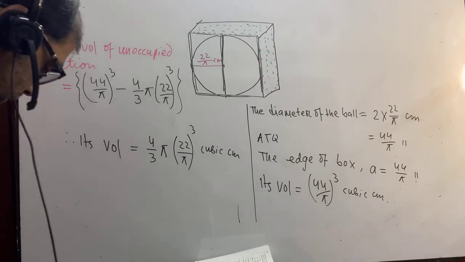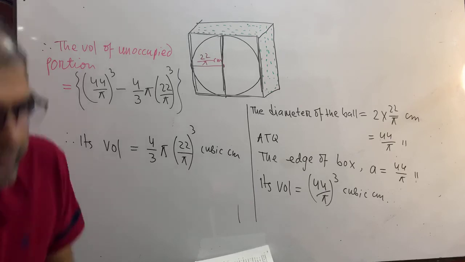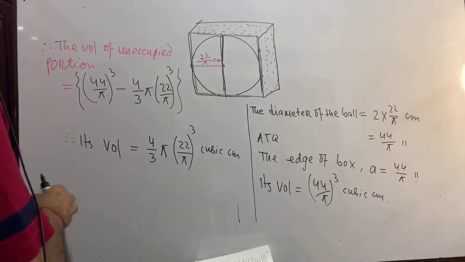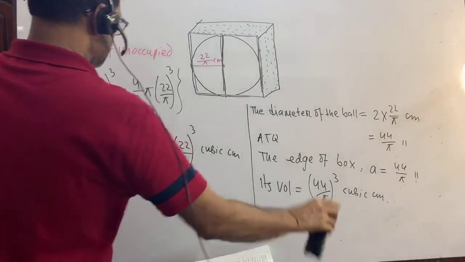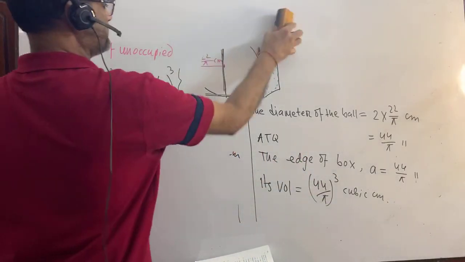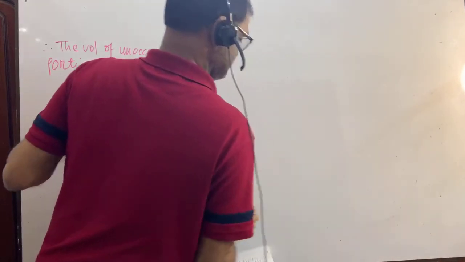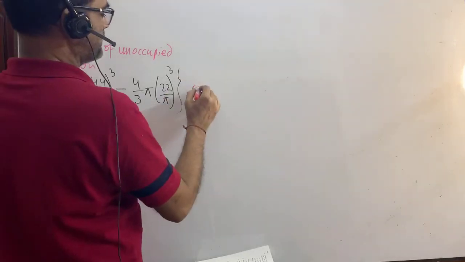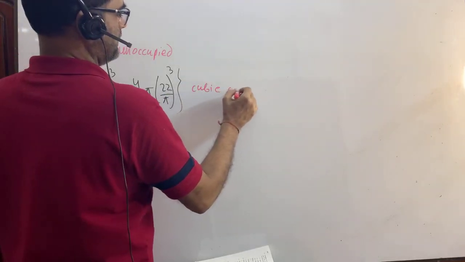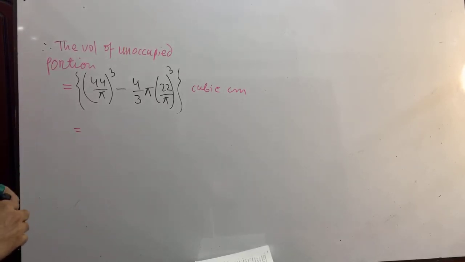Now you have a calculator with you. It's my request that you operate the calculator, please. It is up to you. Okay, cubic centimeter. Now calculate it by yourself. Take out the calculator.